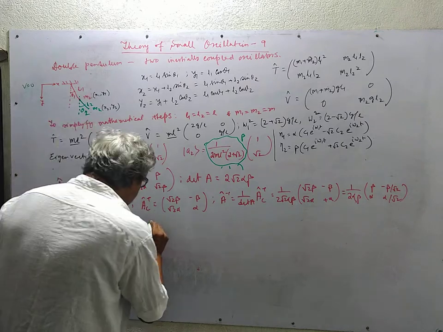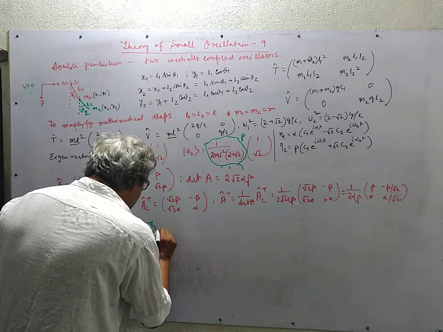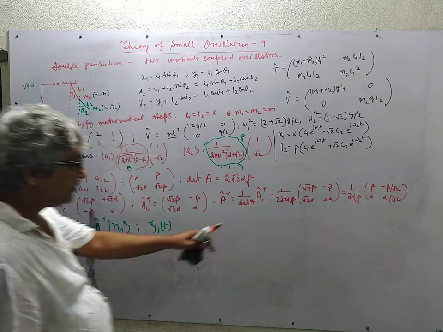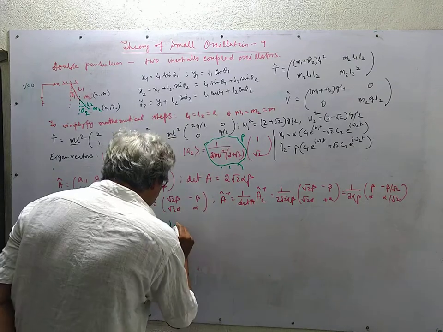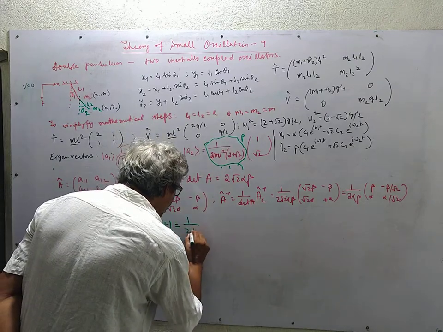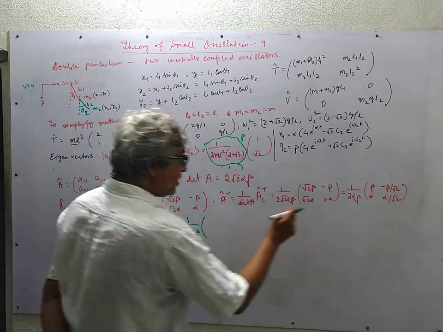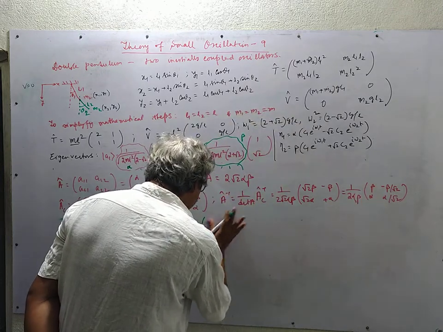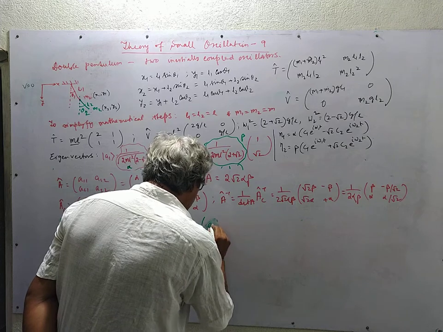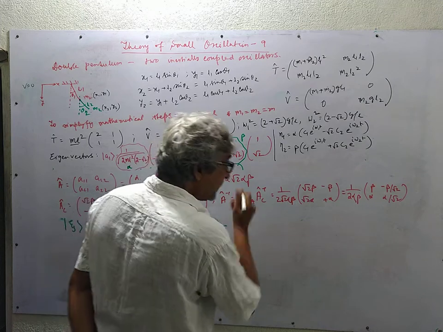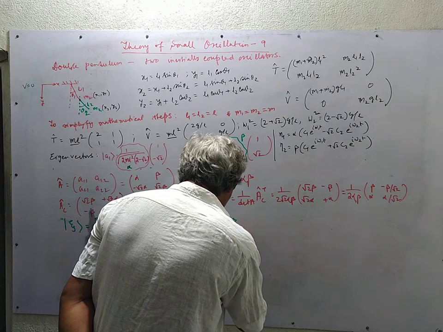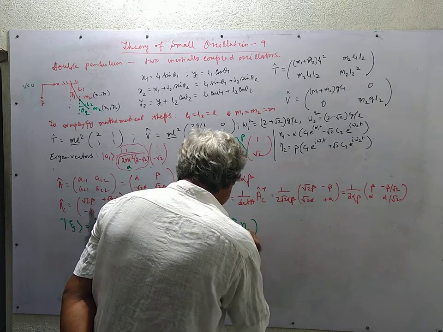So we have xi 1 of t is equal to 1 upon 2 alpha beta, this multiplied by beta multiplied by eta 1, minus beta by root 2 multiplied by eta 2.